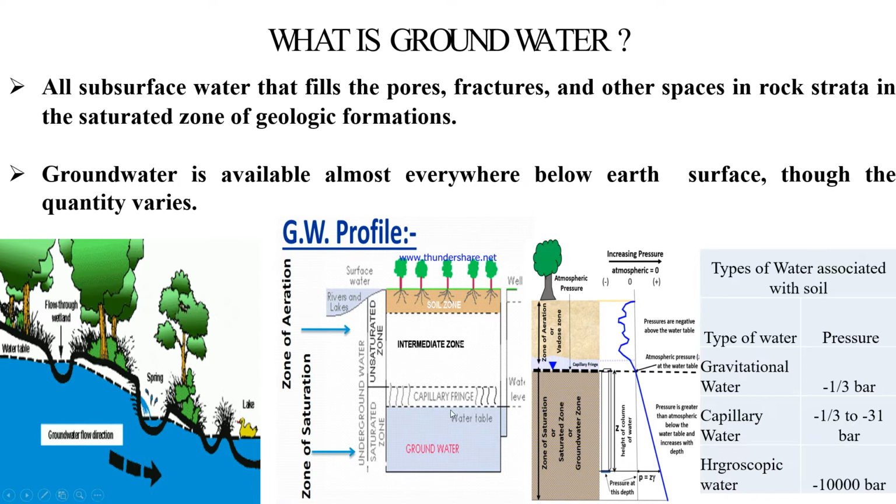If you see the water table, it is analogous to open channel flow. In open channel flow, the atmospheric pressure is zero. Here also, on the water table, the pressure will be zero on the surface.